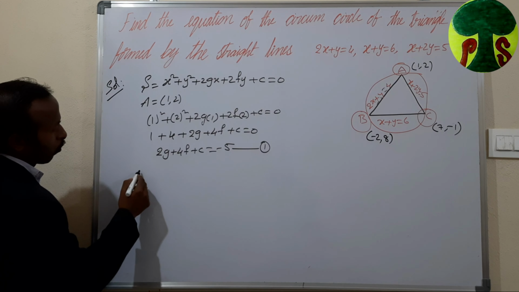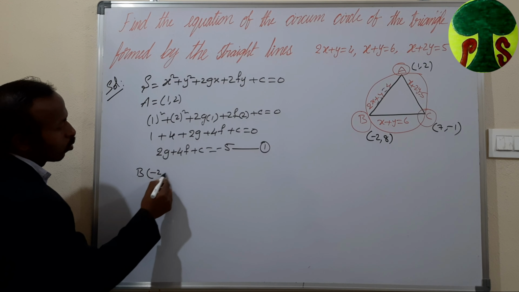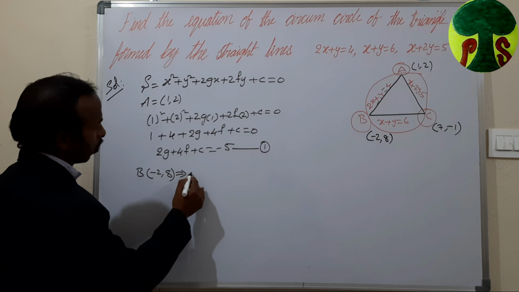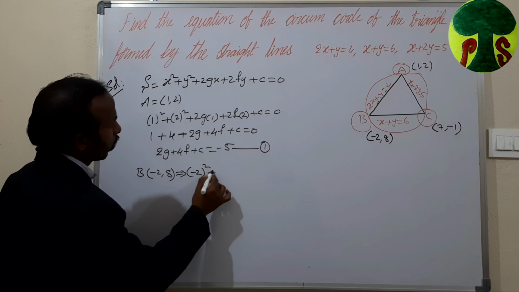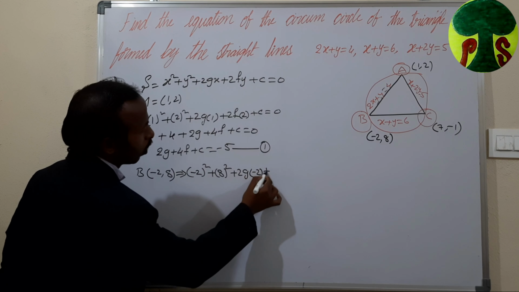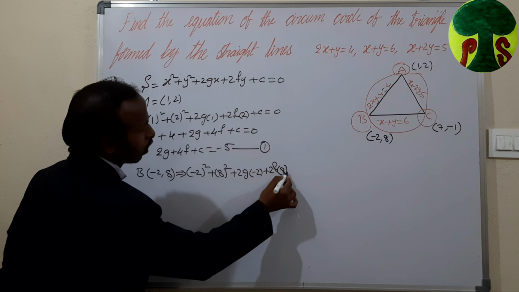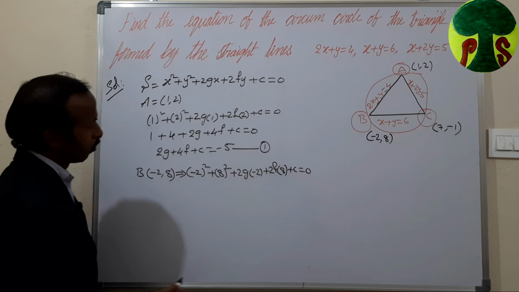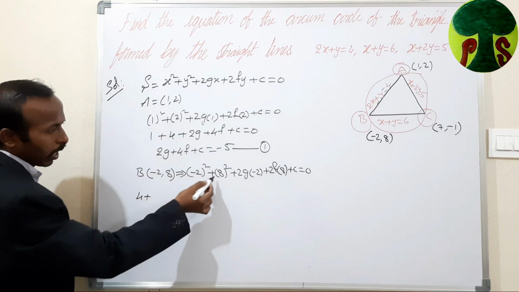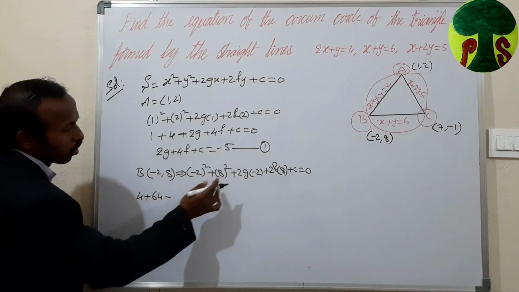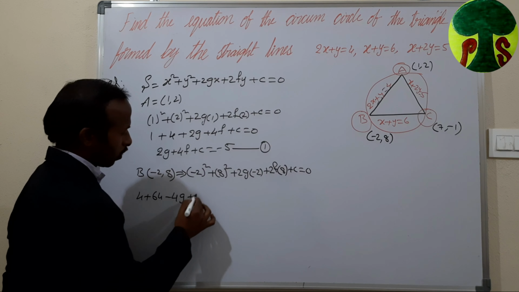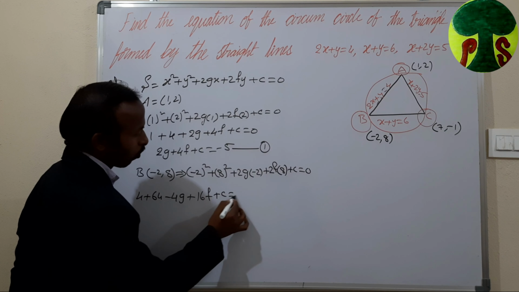So if you substitute B vertex, B is minus 2 comma 8. Substitute in the circle equation, that is minus 2 square plus 8 square plus 2 into g into minus 2 plus 2f into 8 plus c equal to 0. Now minus 2 square is 4 plus 8 square is 64 minus 2 twos 4g plus 8 twos 16f plus c equal to 0.